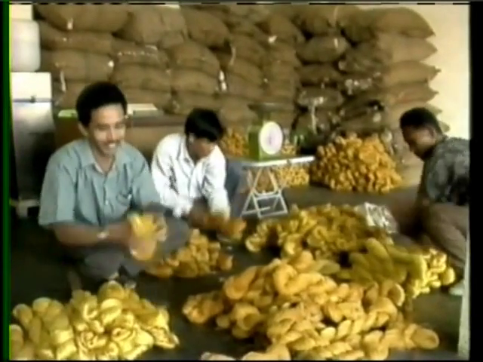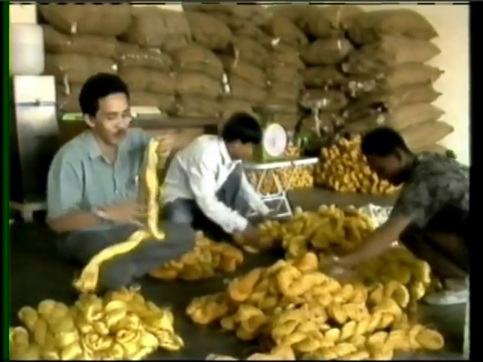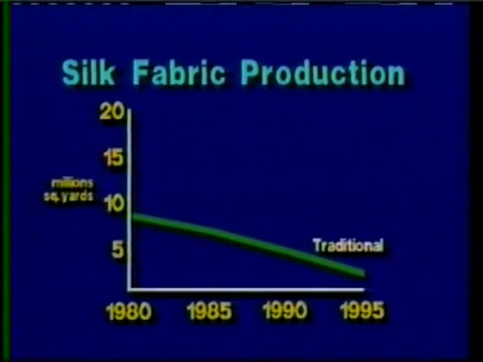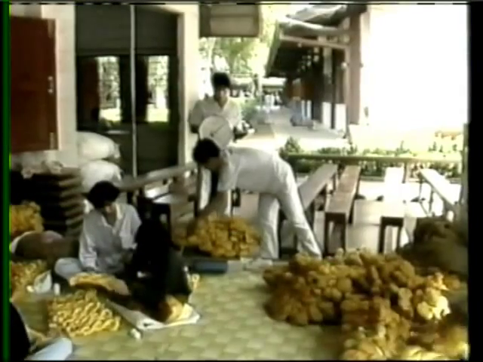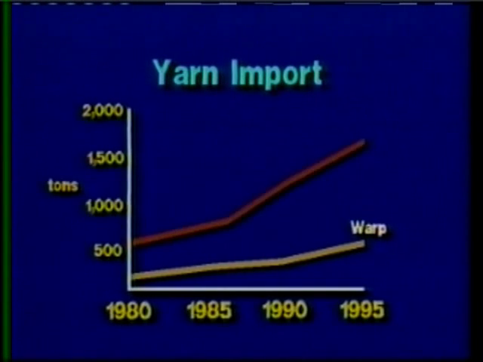But the channels supplying modern Thai silk will continue to grow at about 10% per year. So rapidly, in fact, that domestic yarn producers have not been able to keep pace. Demand for weft yarn is especially robust.